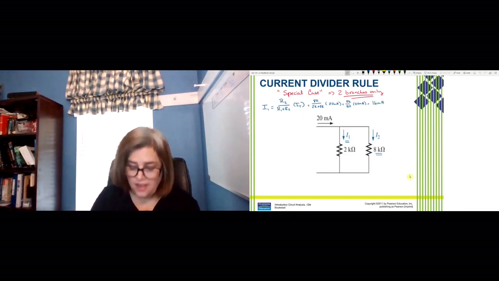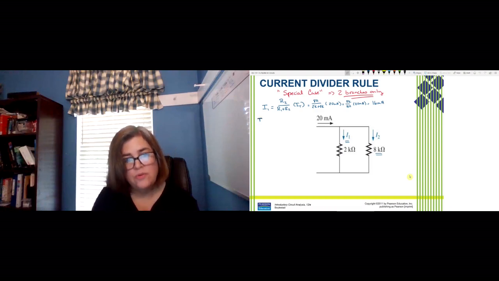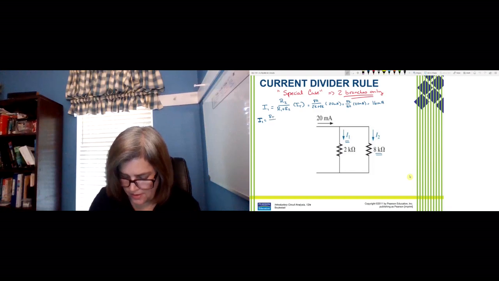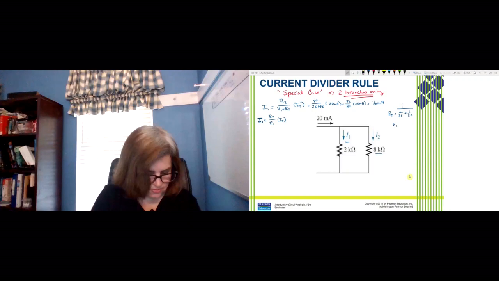If you want to check, remember the other current divider rule should also apply, where you have RT over R1 times IT, and RT is what? 1 over 2K plus 1 over 8K. I'm going to calculate that real fast.